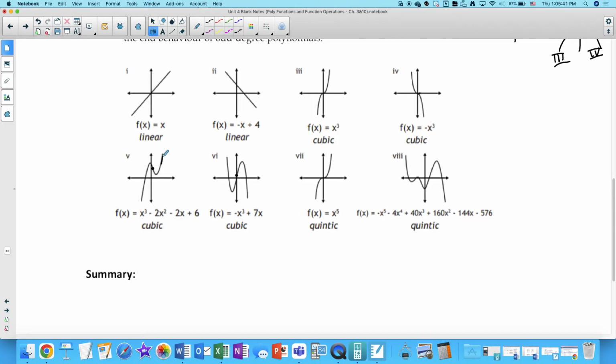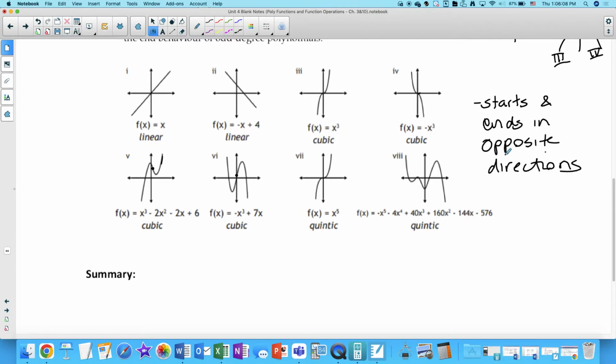So if it starts down, it ends up. If it starts up, it ends down.